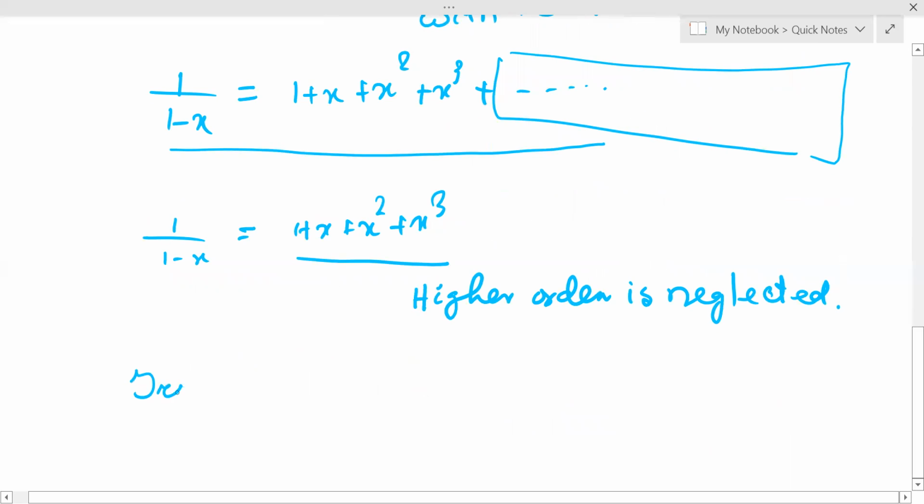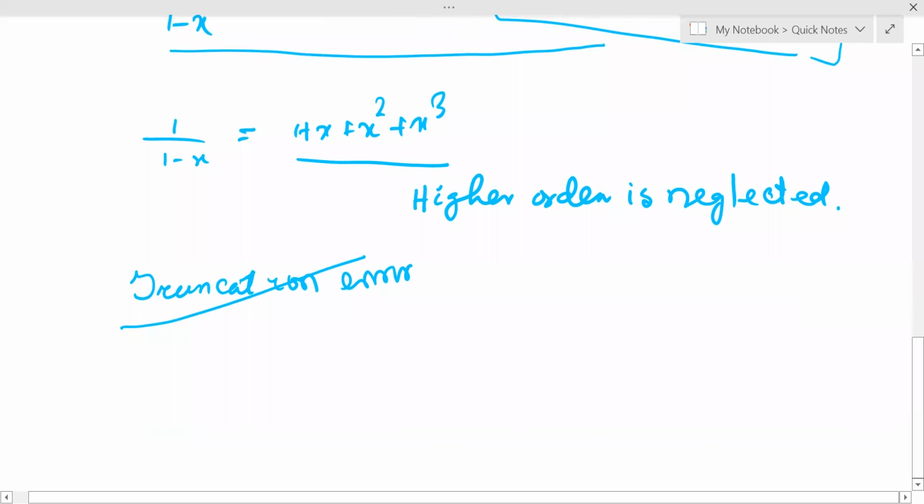So the truncation error is the original function minus the truncated series, that is x4 plus x5 plus and so on.